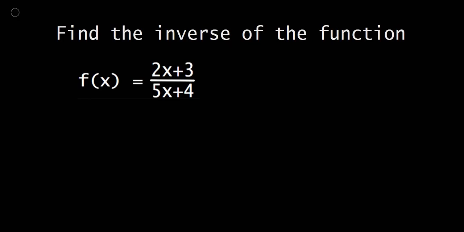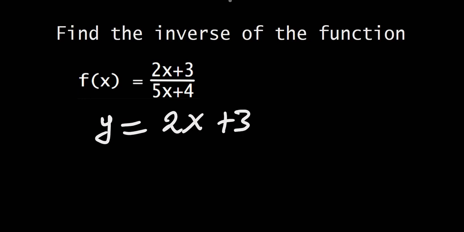All right, this question says find the inverse of the function f of x is equal to 2x plus 3 over 5x plus 4. To solve this problem, first we have to change f of x to y. So y is equal to 2x plus 3 over 5x plus 4.